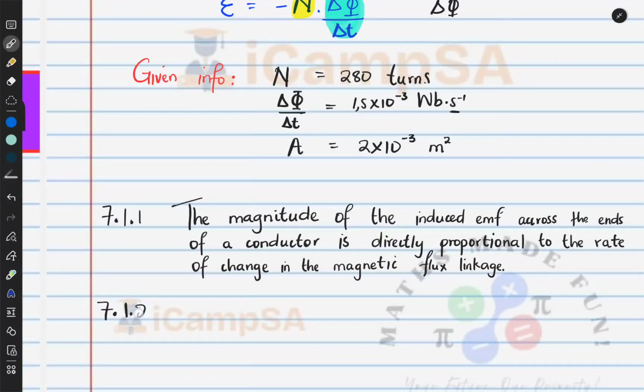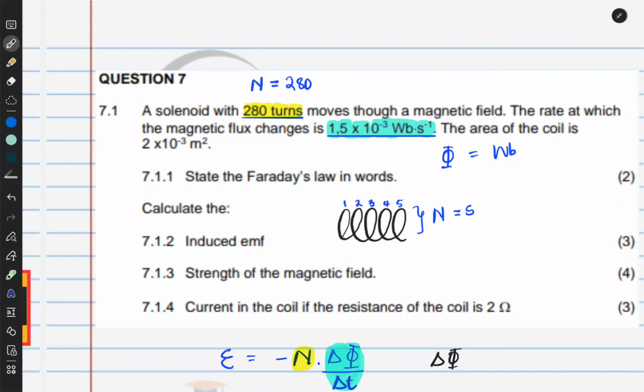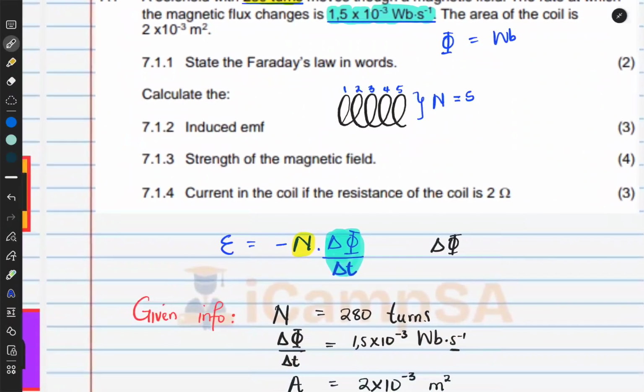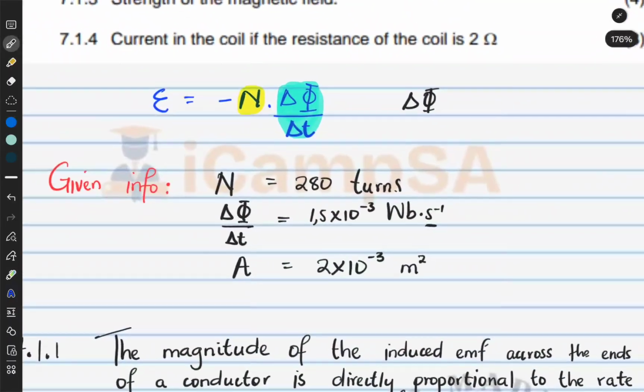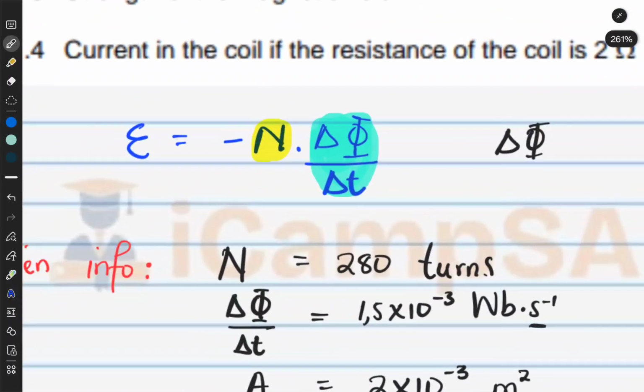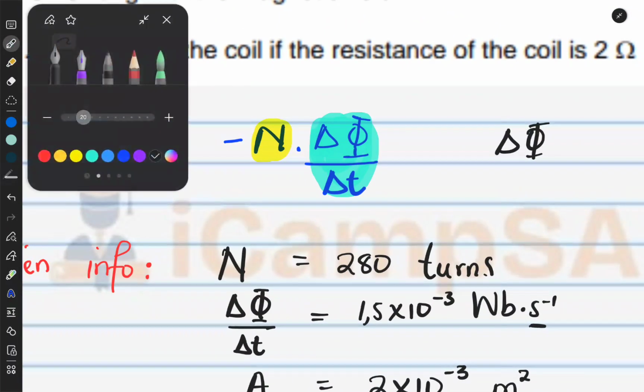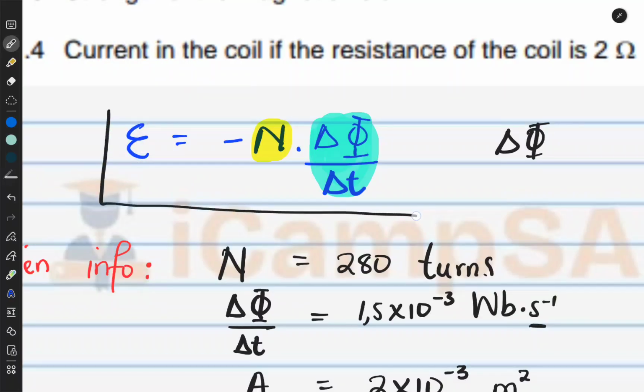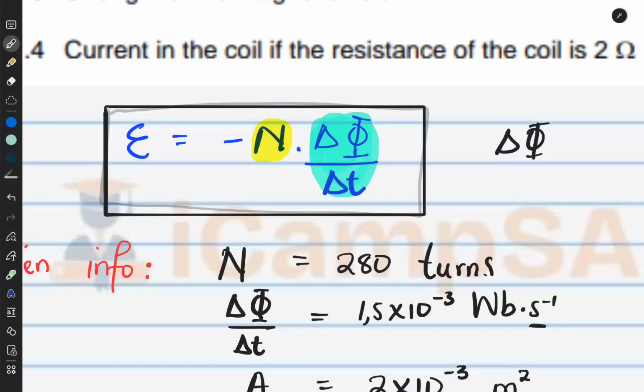7.1.2. We are asked to find the induced EMF, right? In this problem, we're not precisely concerned with the direction, but only the magnitude of the induced EMF. If you remember, when I was introducing this problem, I stated the formula that we usually use to find the induced EMF.